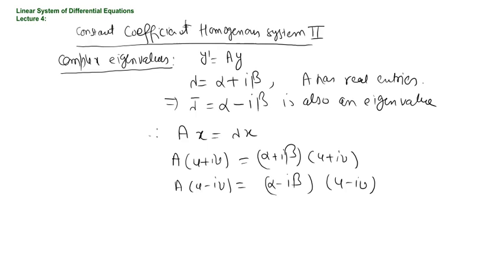Okay, so you can find linearly independent solutions in the case of complex eigenvalue. We will not find two separate eigenvectors, but we will use the concept of the previous part in which we had real eigenvalue. So this case is similar to the previous one.